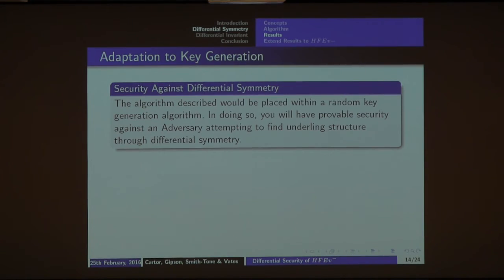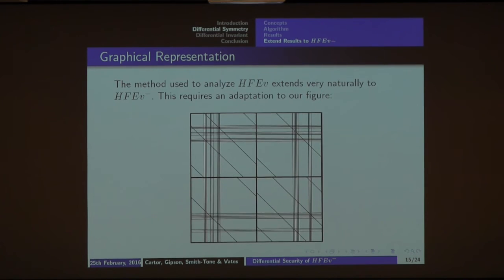It doesn't give the adversary anything to be able to take advantage of in trying to break your scheme. So we were able to develop an algorithm that can easily be placed within a random key generation that can check to see if your core map is secure provably against a differential symmetric attack. So that was fantastic. Let's go ahead and move on to the HFEv minus.